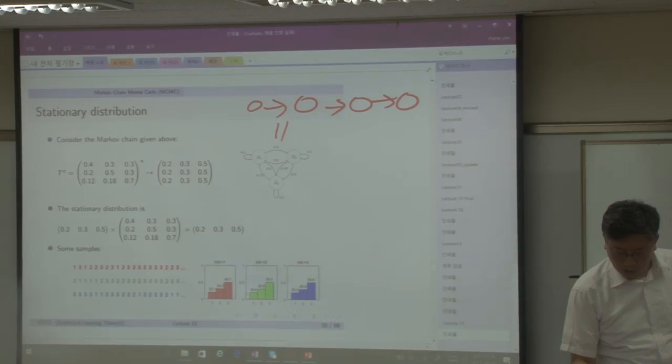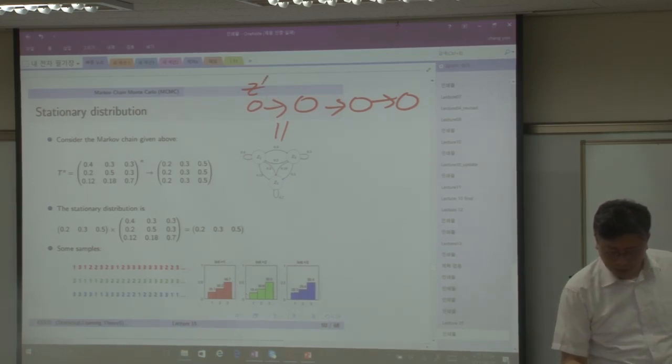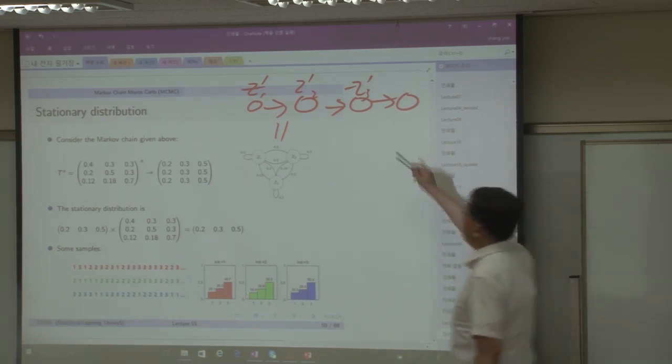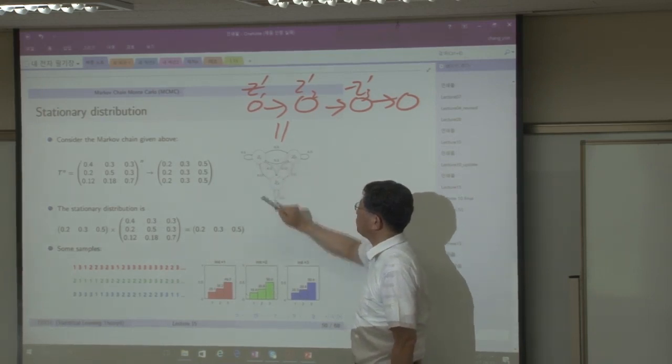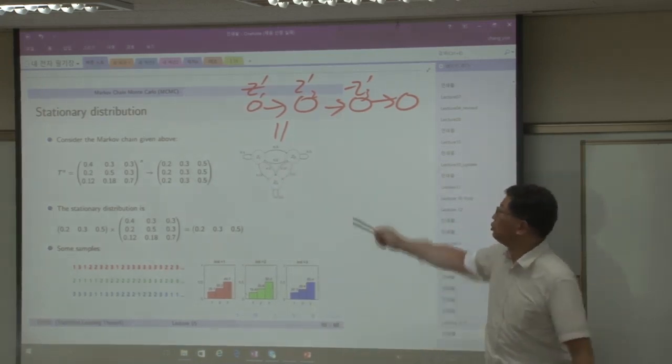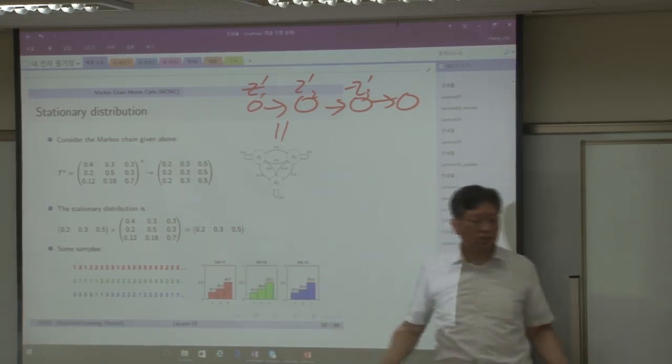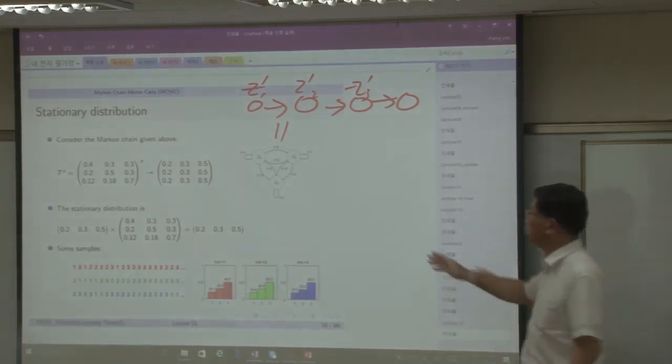Each of these Z's, let's say Z prime, Z2 prime, Z3 prime, and so forth, can take any one of these values, Z1, Z2, or Z3. The transition probabilities are represented by these complicated transitions.